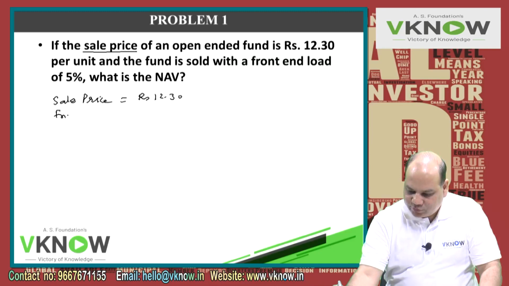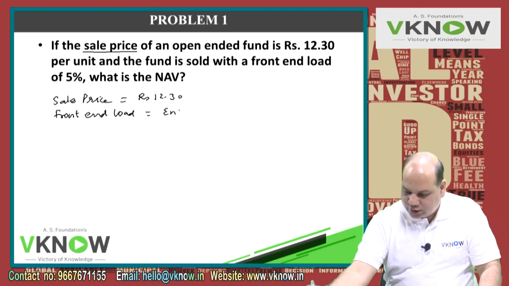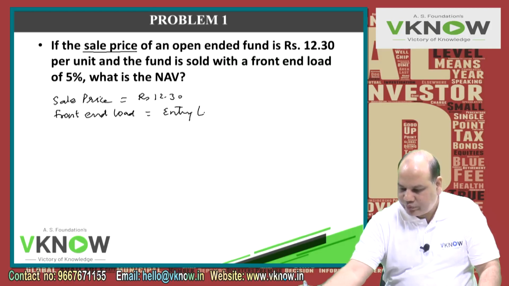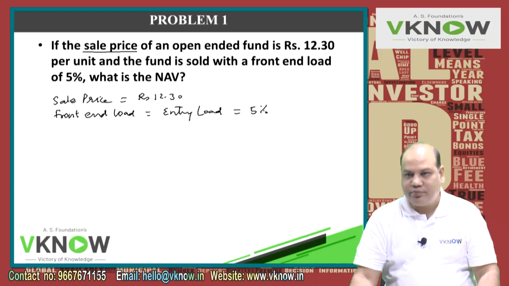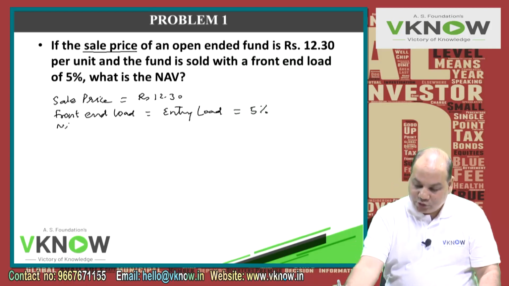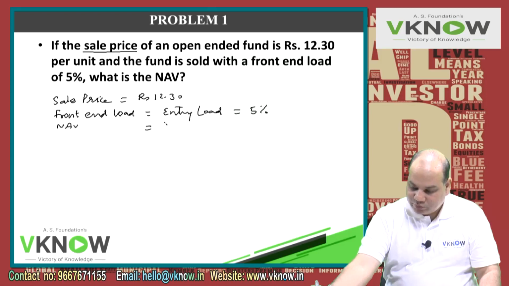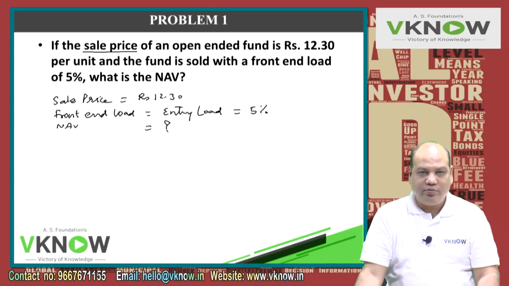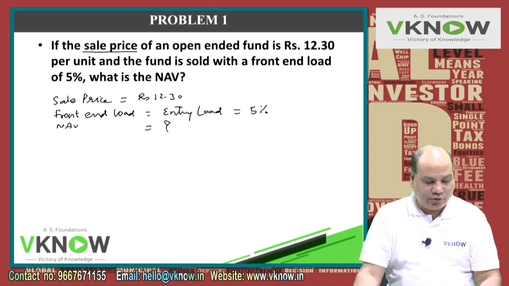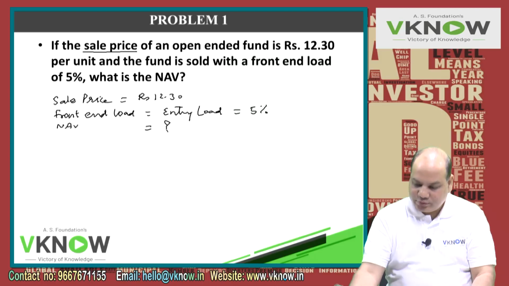Front end load, that is called entry load, and that is given 5%. And then they are asking you to find what is NAV. So try yourself. Now check the answer.